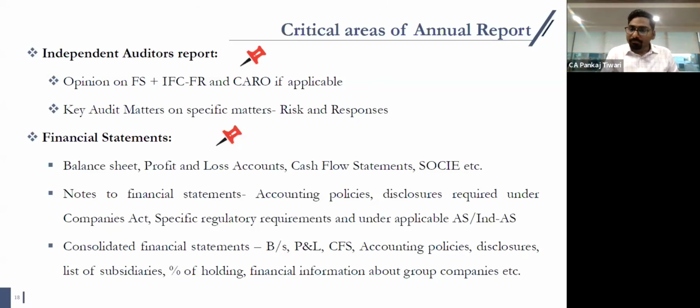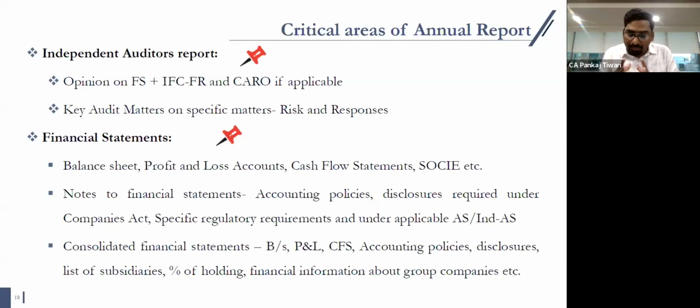For example, if a company has a lot of inventories or a lot of trade receivables, whether these inventories are correctly valued, reflected at the realizable value, or will fetch me the correct value, or the receivables which I have shown in the balance sheet are correctly reflected. There are no doubtful receivables currently shown in the balance sheet which have not been provided for.